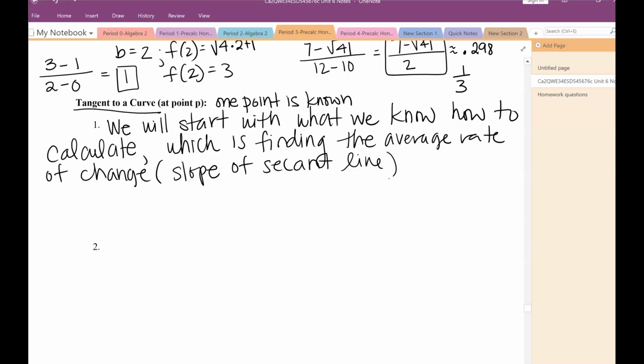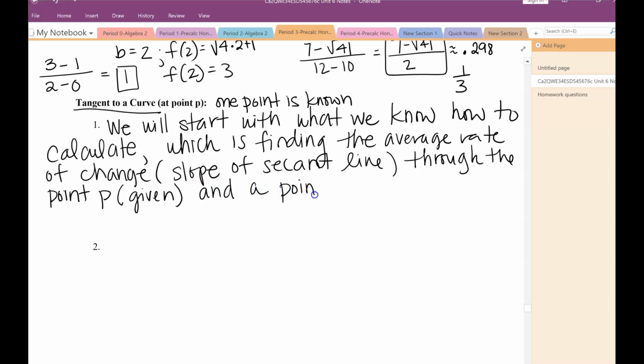So we will start by finding the average rate of change of a secant line through the point P. And point P is the given point from your question. Okay, so point P is the given point, and a point nearby.